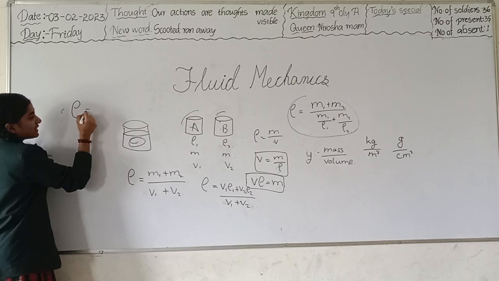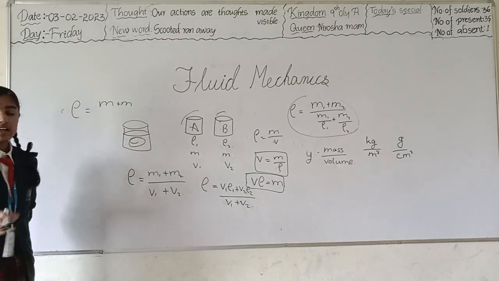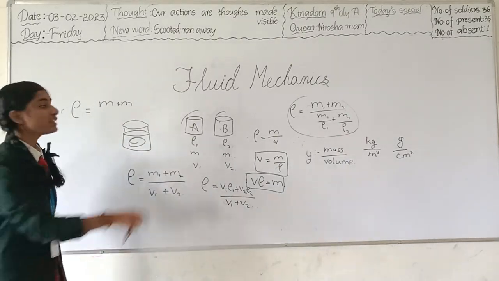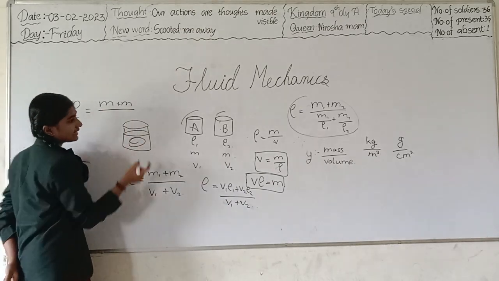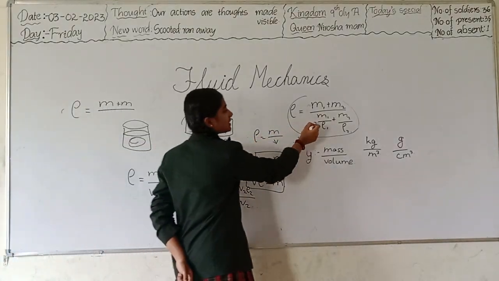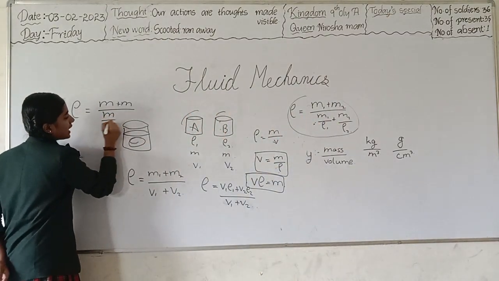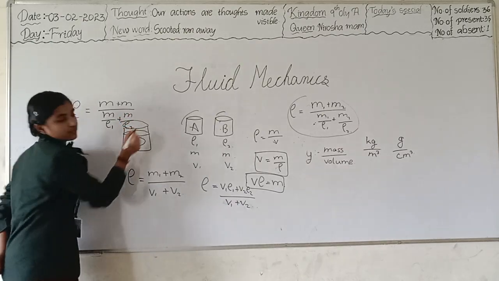Density will be equal to M plus M. I took M in both cases because the mass is the same in both substances. And we write it, see, we are going to substitute this, right? So we have to write it in the same manner: M by rho 1 plus M by rho 2.